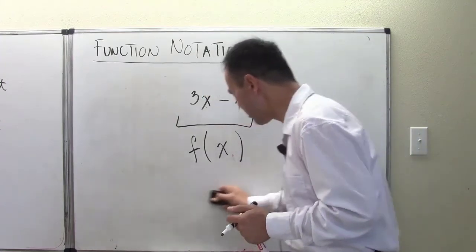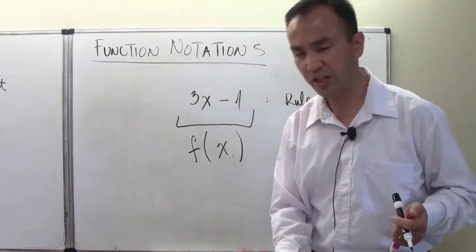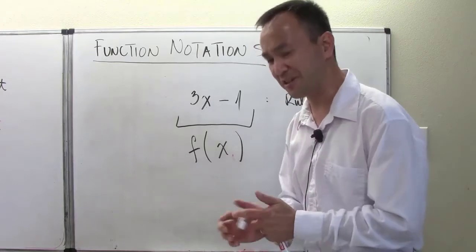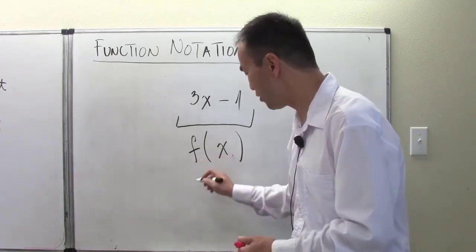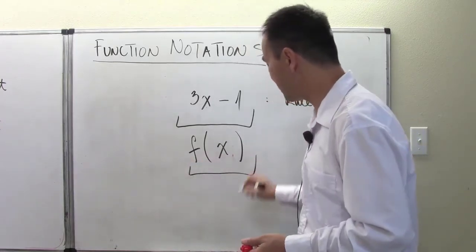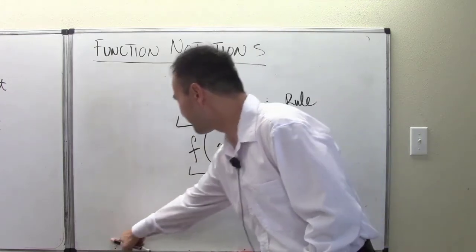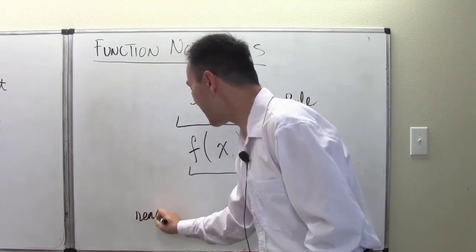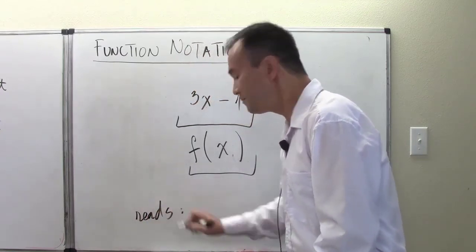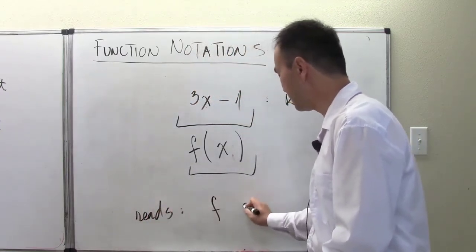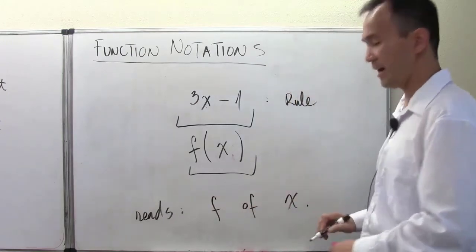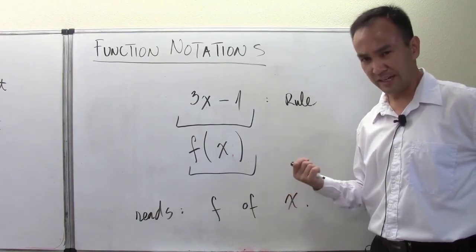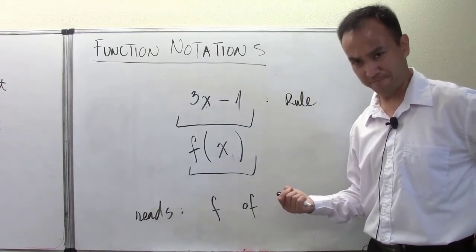Once we come up with a notation, we need to get used to how we say it out loud, at least in English. The way we read it out loud, the way we pronounce it, is f of x.